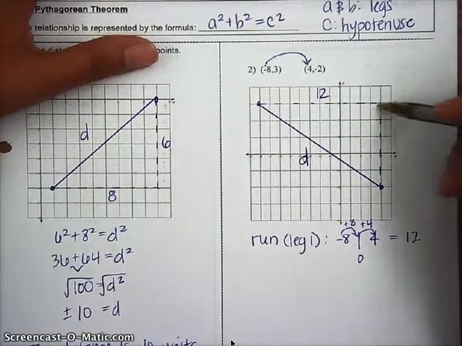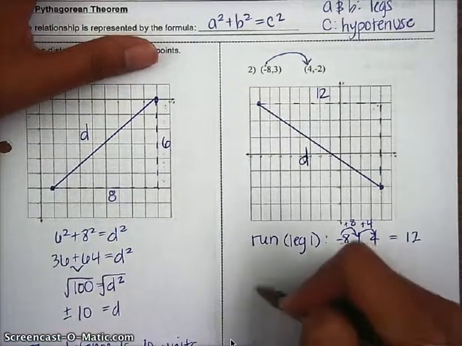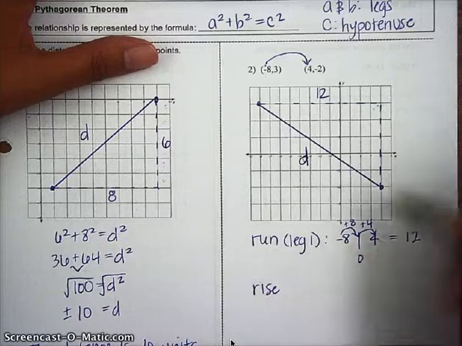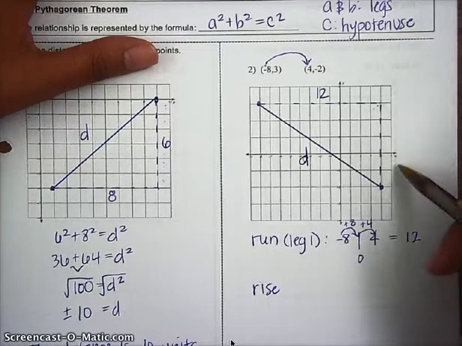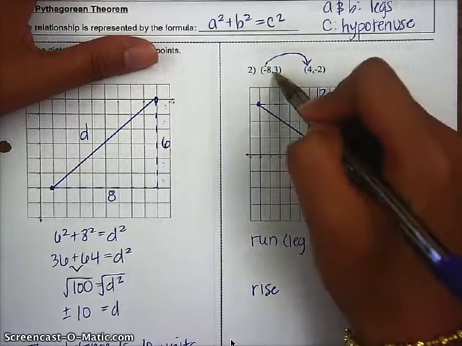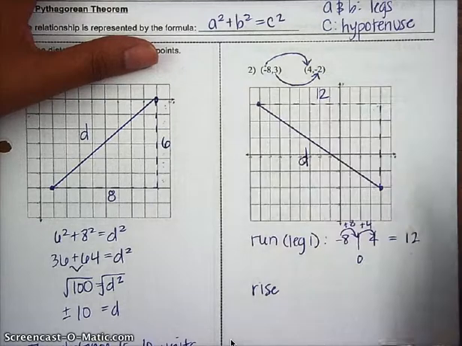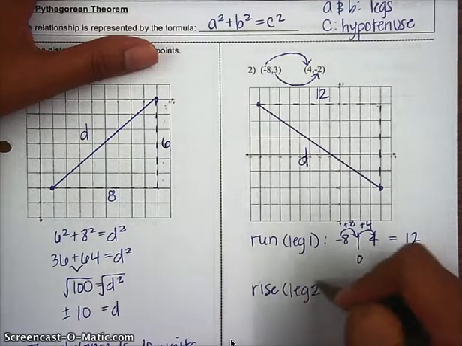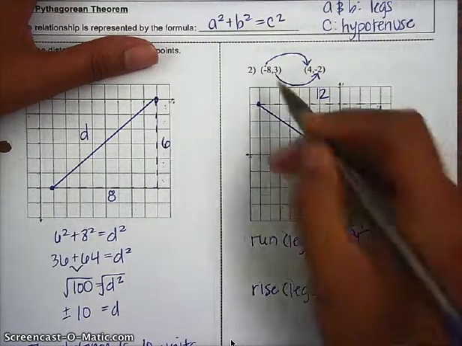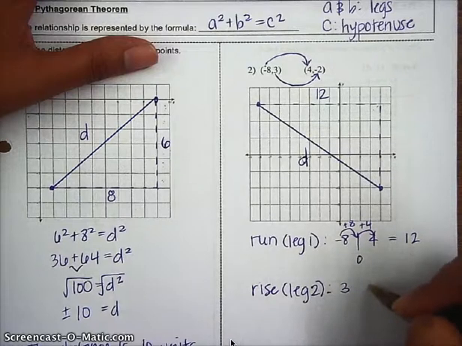Now, here, I would call this the rise. So notice rise goes up and down, which is your y-axis. So this time, I'm going to focus on the y coordinate. So how did 3 become -2? Well, real quick, I'm going to go ahead and label it leg 2. It went from a +3 to a -2.